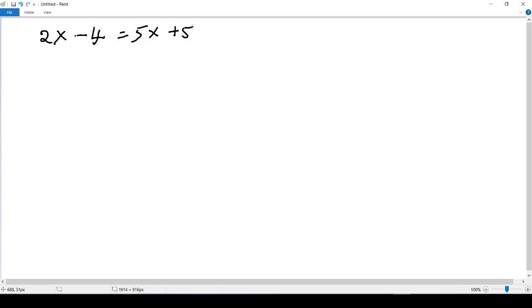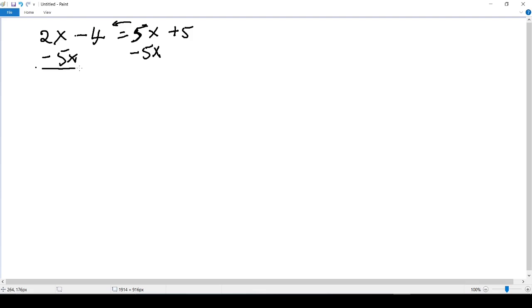In this case, I would like my x to be on the left. So I will have to move this 5x to the left. This 5x is positive, so what I will do is add -5x, the opposite sign, to both sides of the equal sign.